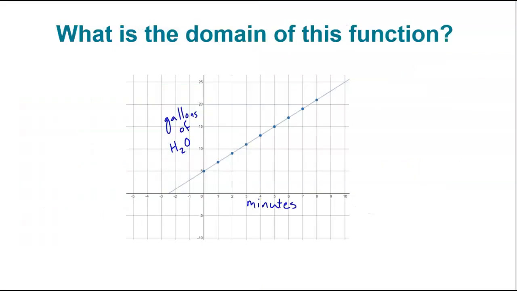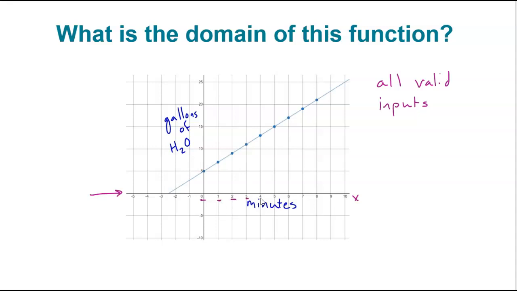So question on this one, what is the domain? We just talked about what the domain is. We said the domain is all valid inputs. And remember, our inputs are going to be our x values here. So what are our valid inputs here? We know that 0 was. That was our starting value. We know that 1 is. 2.